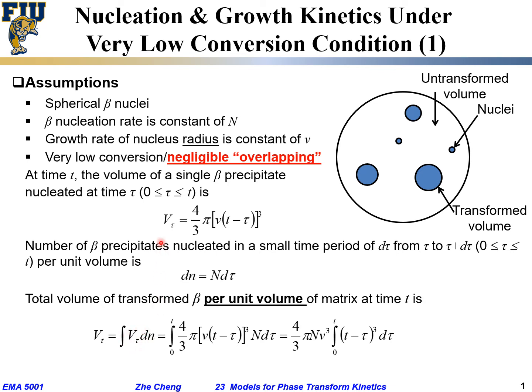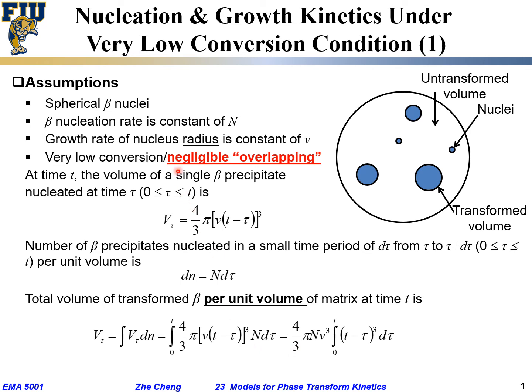It has this volume, and how many of the precipitates, that's dn, and then we have to do this integration when the nucleus is formed from time 0 all the way to close to time t. That's this one. And then, of course, for this integration, you put 4 over 3 outside of the integration symbol. Pi, of course, take it out.